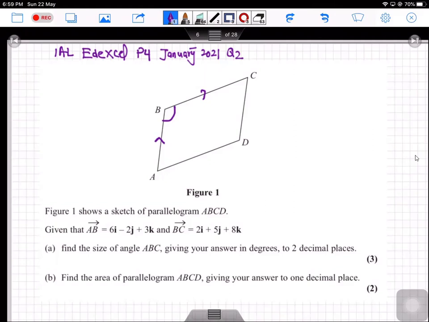Because if you don't follow this rule, the value of the scalar product would be affected. Where a scalar product is supposed to come negative, meaning the angle between the two vectors is supposed to come obtuse, it will come acute. And where the angle between the two vectors is supposed to come acute, it will come obtuse.